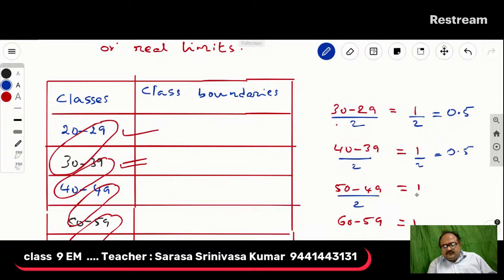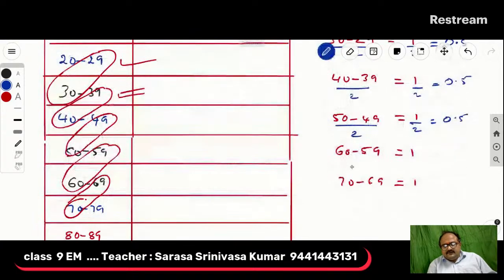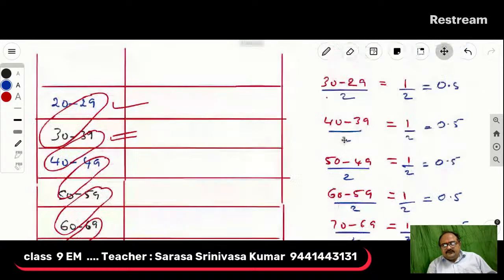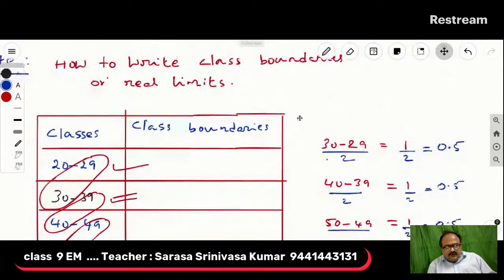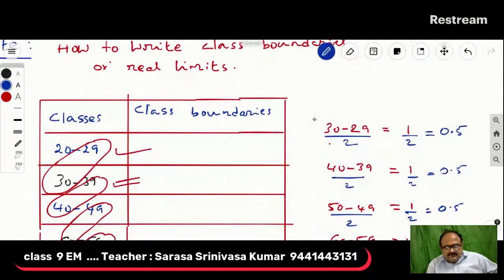Like this, we take half of the difference. This is 0.5.